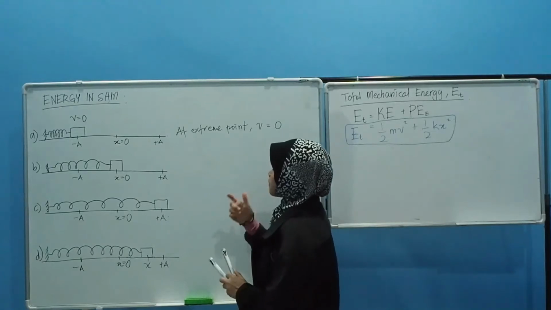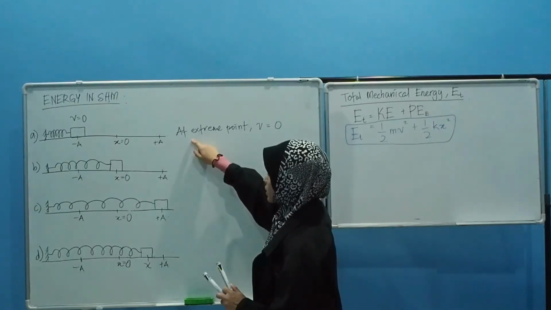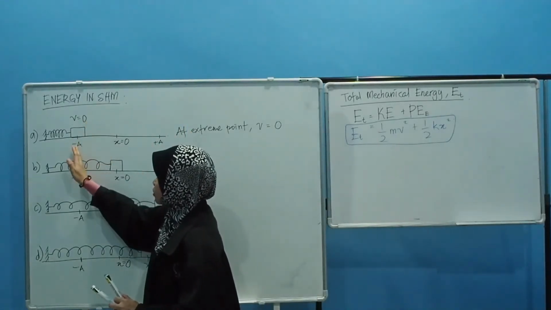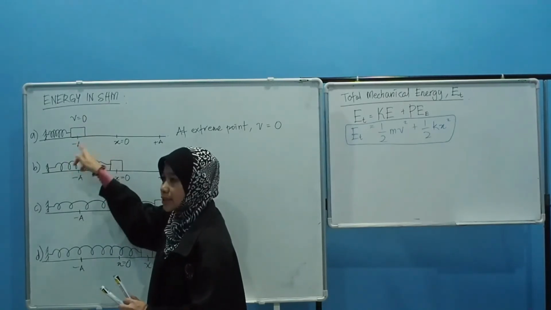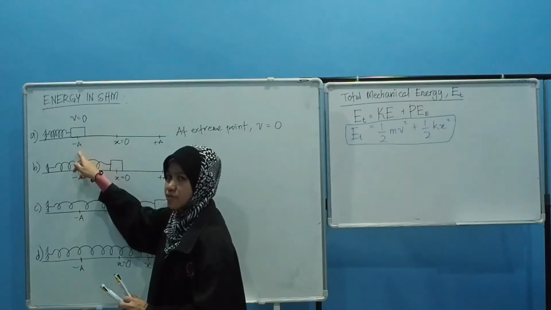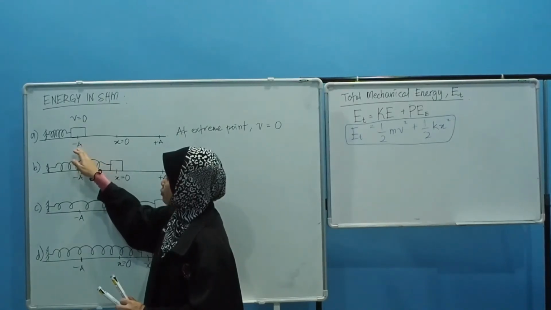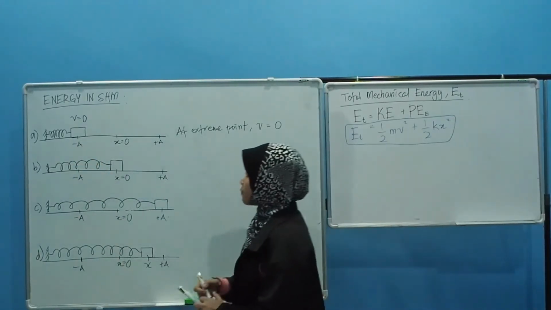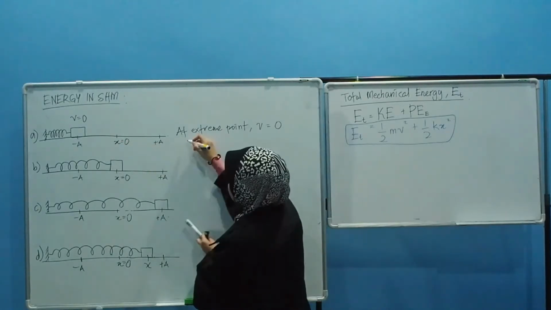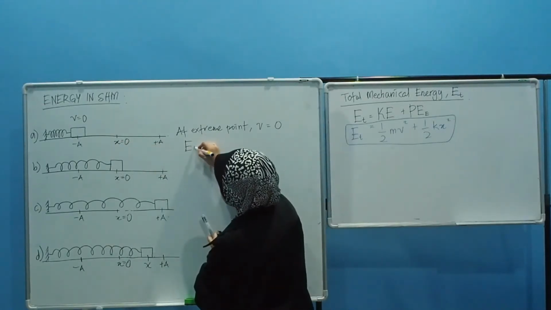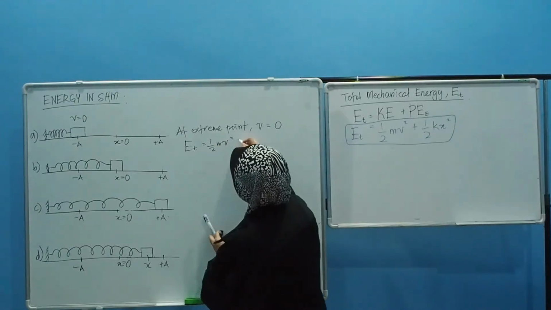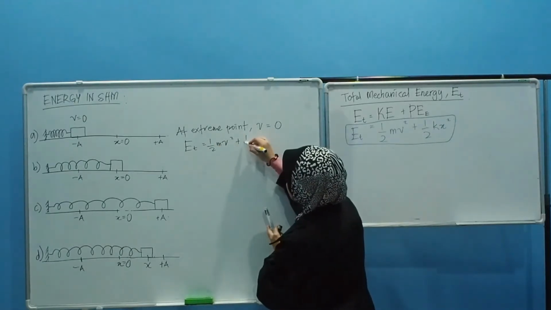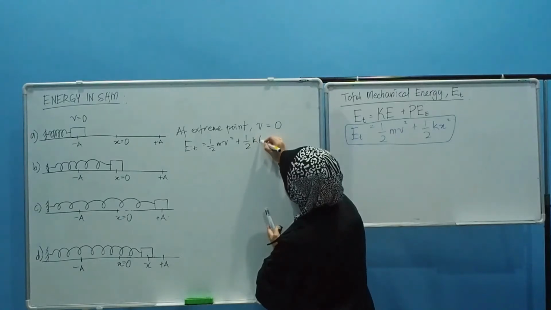When the mass or load is at this point, what is the total mechanical energy for this condition? At this point, the total mechanical energy is equal to half mv square plus half kA square.